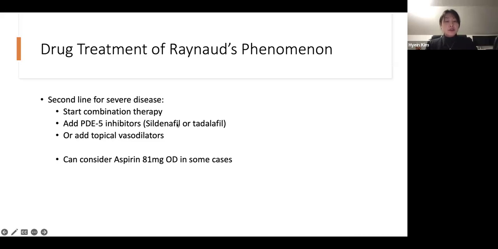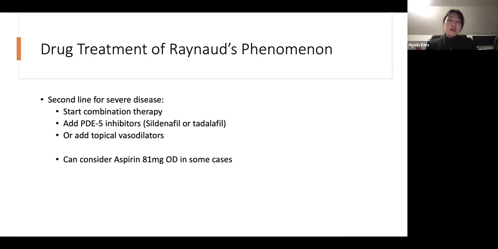The sildenafil or tadalafil, I think both are fine. Sildenafil tends to be a bit short acting, meaning you have to take it multiple times a day, whereas tadalafil is a once-a-day medication. So it depends what you want. Some patients want sildenafil or tadalafil just when you're going out skiing or doing some activities, then short acting probably is fine.